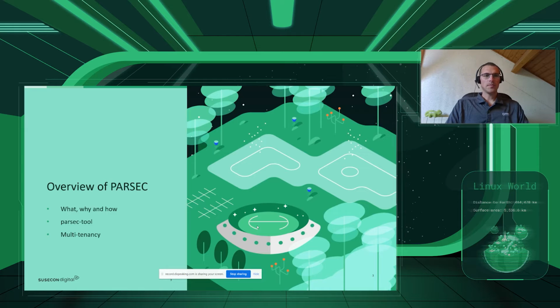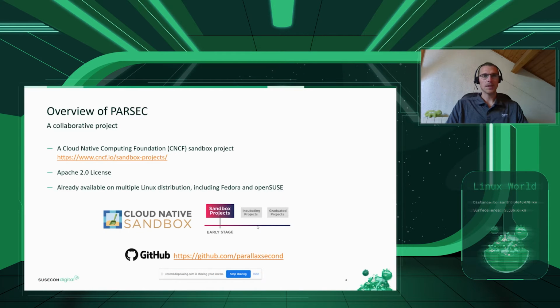So, overview of Parsec: what, why, and how, the Parsec tool, and the multi-tenancy. Parsec is a collaborative project, part of the Cloud Native Computing Foundation, CNCF, as a sandbox project.